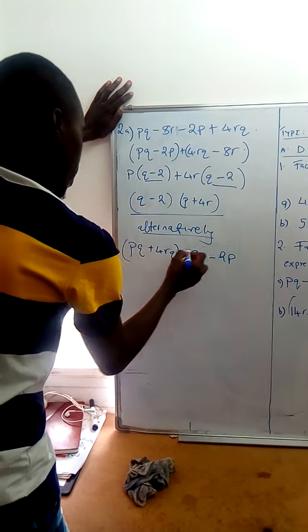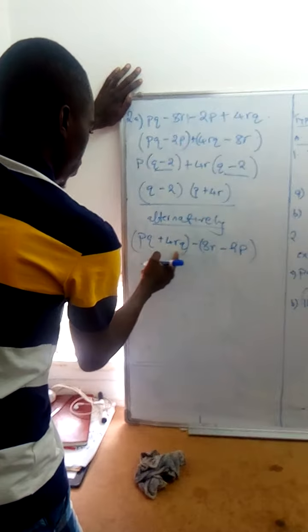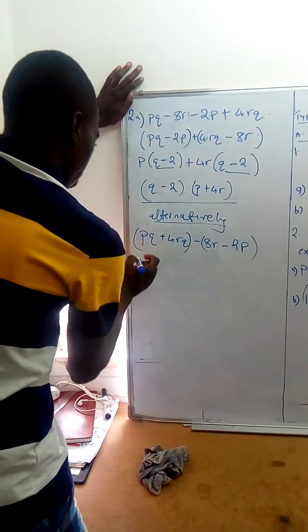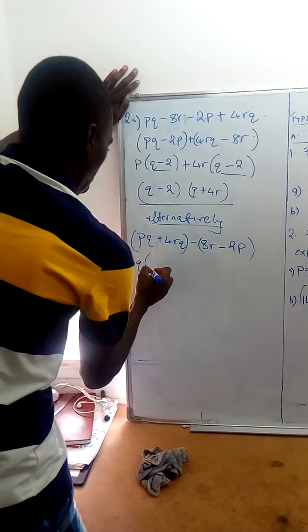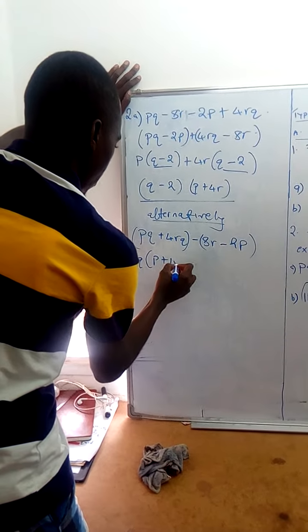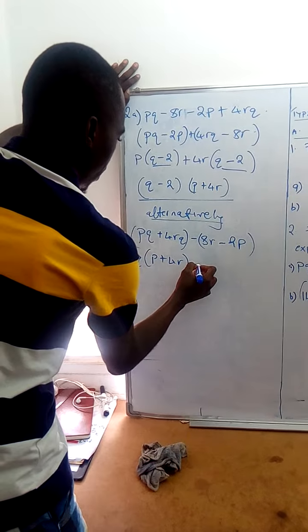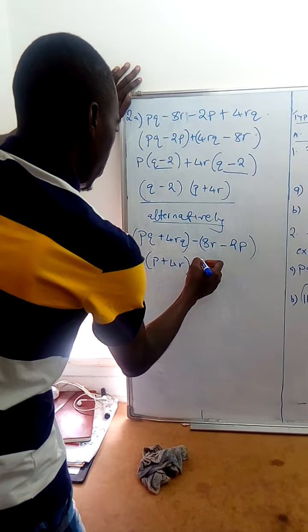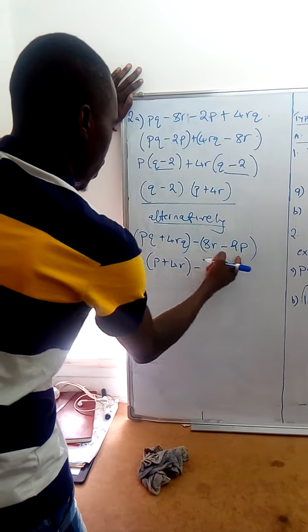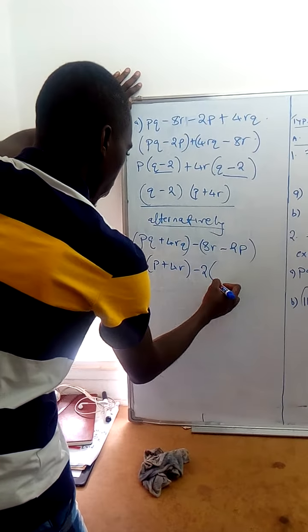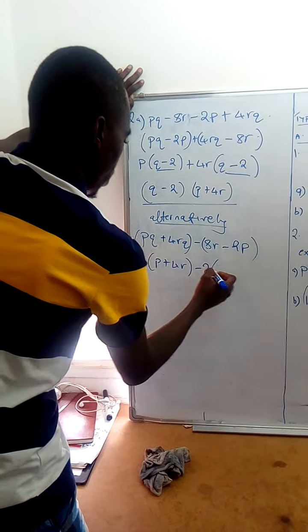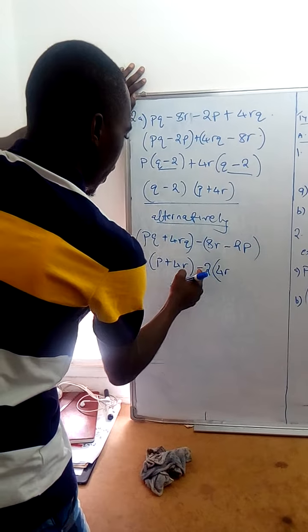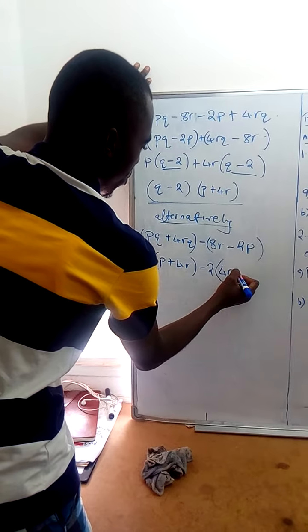So we group these ones like that. What is common here? You discover that it's a q, so we have a q here, open brackets, we have a p plus 4r remaining. You bring down the negative, okay? So if you bring down the negative, then what is common here is simply a 2. So if you put a 2 here, then here you're going to have a 4r. Negative and the negative will give us a positive.